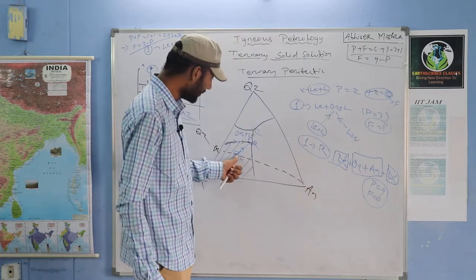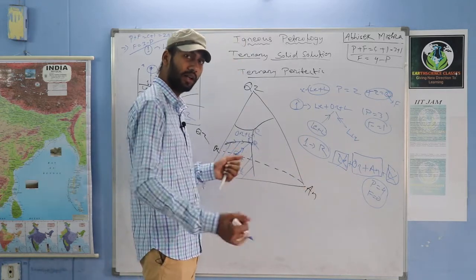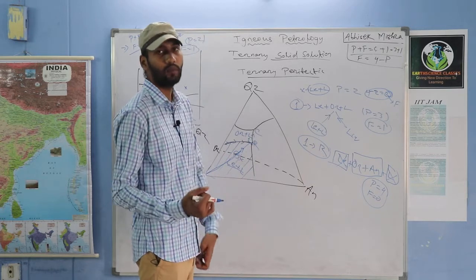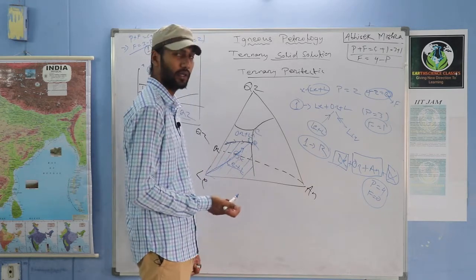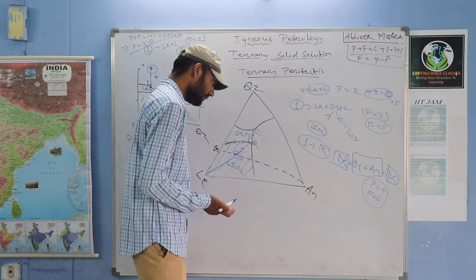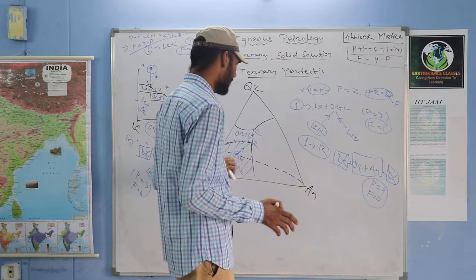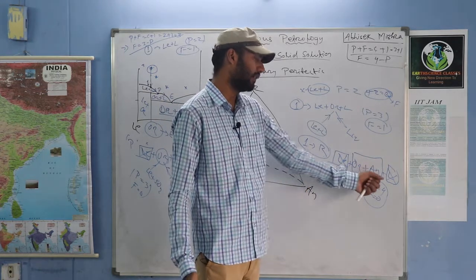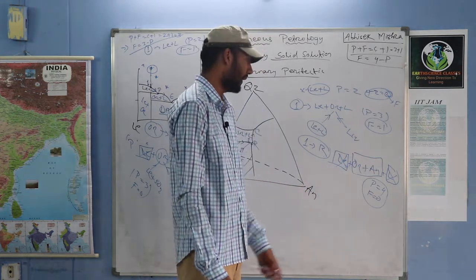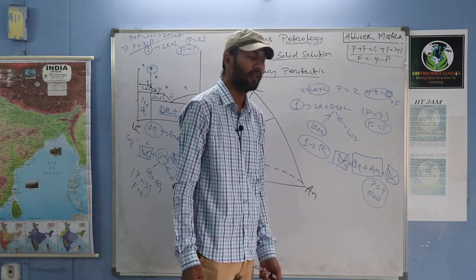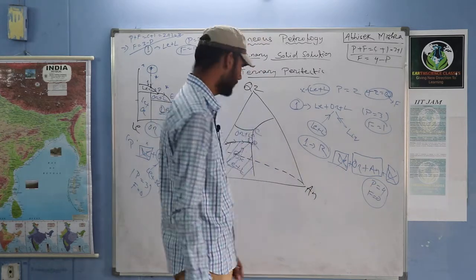You have taken the initial composition in the leucite field, but you are getting orthoclase as the final product. So that's why it is incongruent. Okay. So as I have told, if it is on this orthoclase-anorthite line, you are getting orthoclase and anorthite as the final end product, and leucite and liquid will be finished all together.